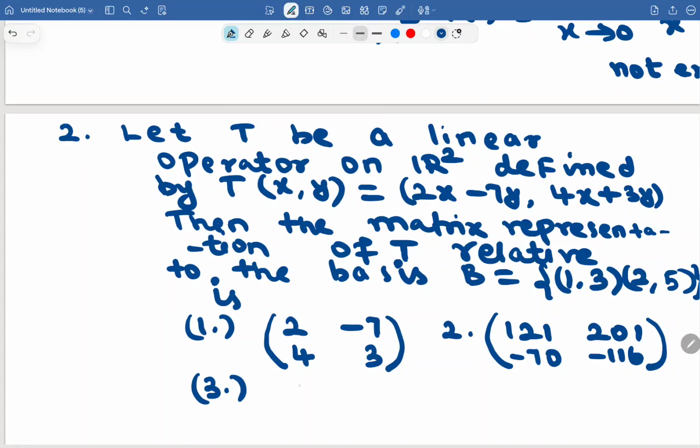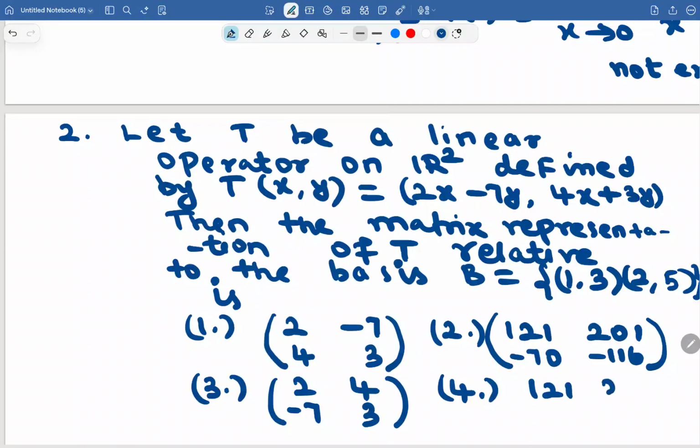Third option: 2, 4, minus 7, 3. Fourth option: 121, 201, 70, 116.